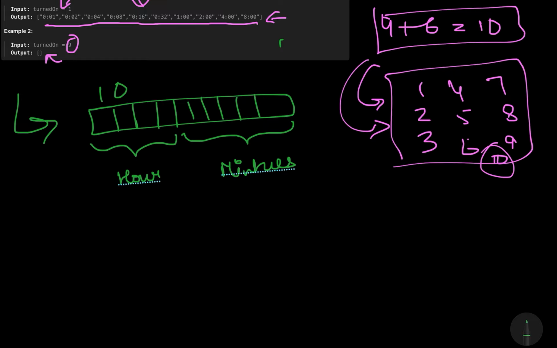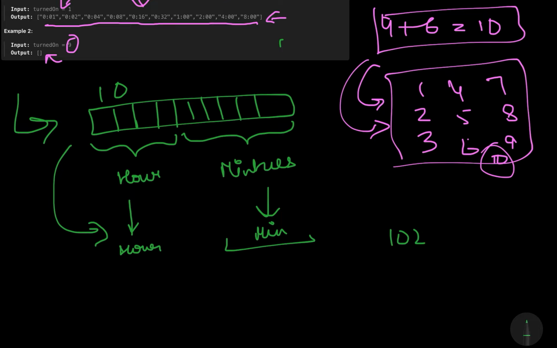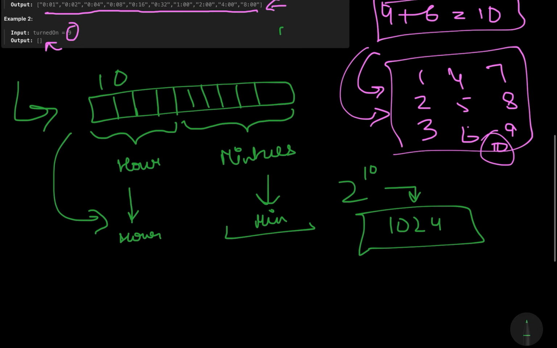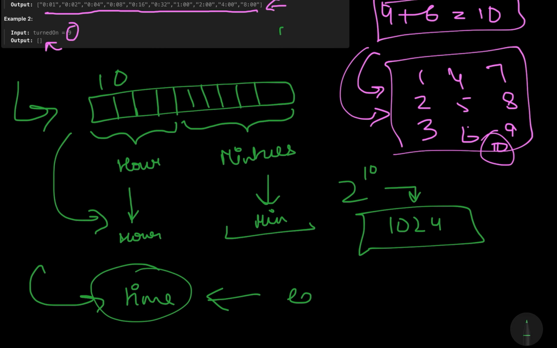So we extract the upper 4 bits to get our hour and the lower 6 bits to get our minutes, and by iterating through all 2 to the power of 10, which is 1024 values, we can count the number of set bits for each.